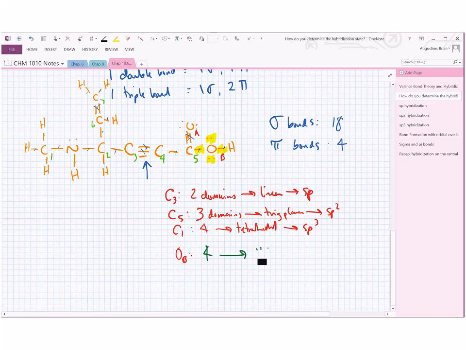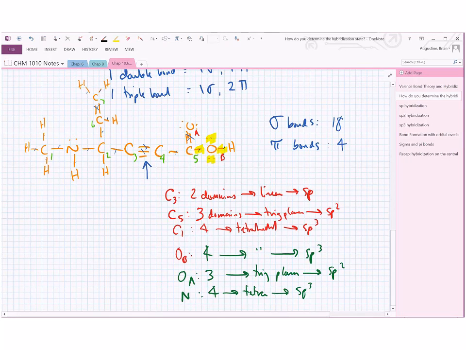It's also tetrahedral, also sp3. Oxygen A is 3. Trigonal planar, sp2. And how about that nitrogen up there? That one's got 4. Tetrahedral, sp3.